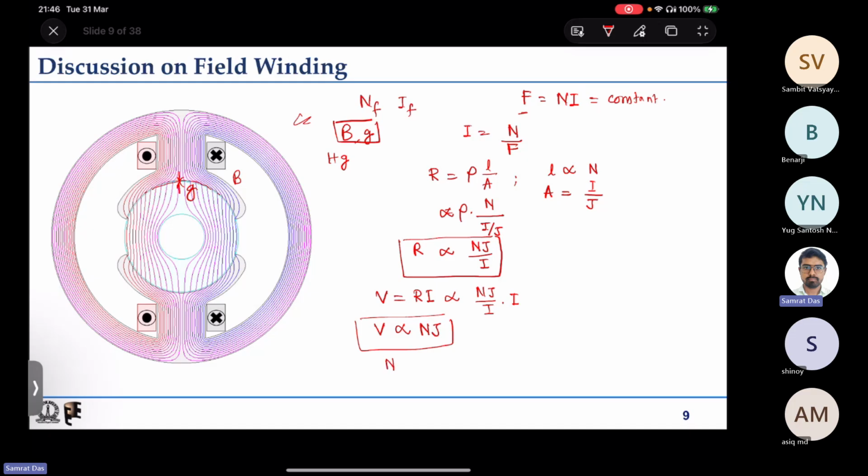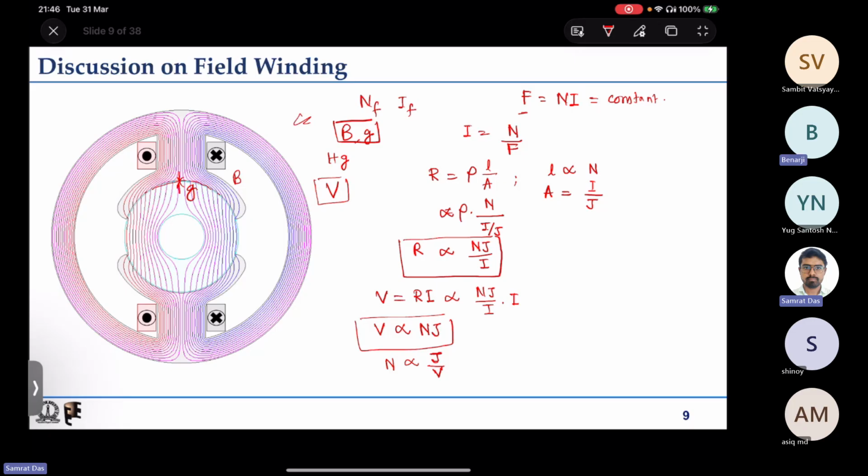So that tells you that N is proportional to V by J. If V is fixed, if the voltage of the winding is fixed, then N is proportional to, sorry, N is inversely proportional to J. The upper one is V and the lower one is J.